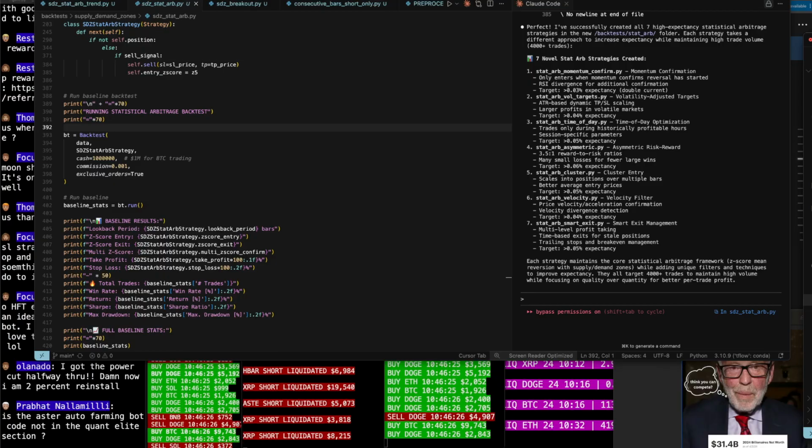Okay, now let me add the daily drawdown protection. So max daily drawdown. And this is going to be good because I don't want to lose everything all in one day, you know?